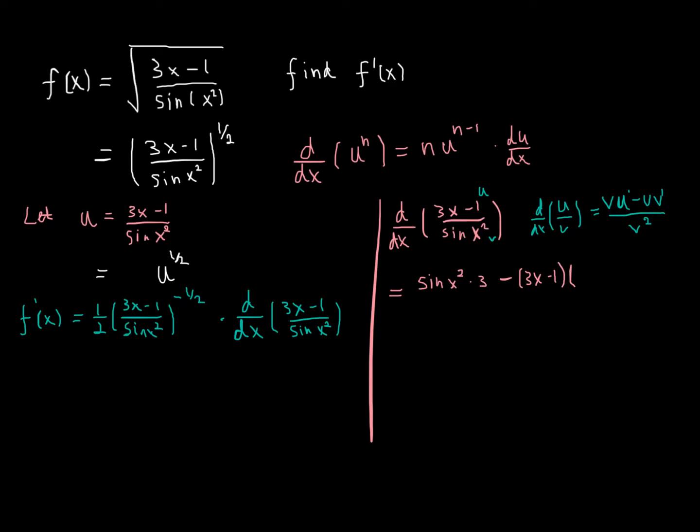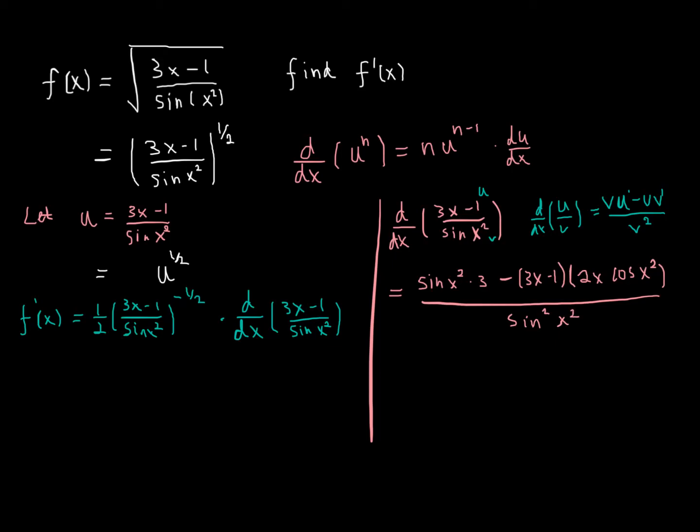Now, you know the derivative of sine of u is cosine of u times the derivative of u. Well, the derivative of x squared is 2x. So the derivative of the inside will be 2x times cosine of x squared. And that's all going to be divided by sine of x squared squared. Sine squared of x squared.